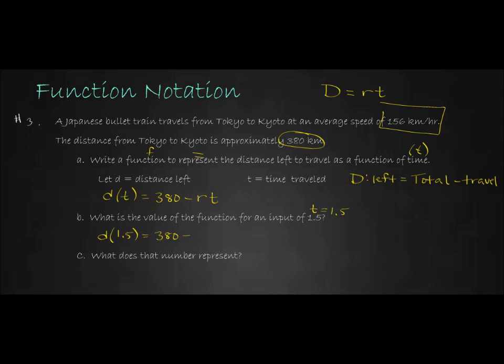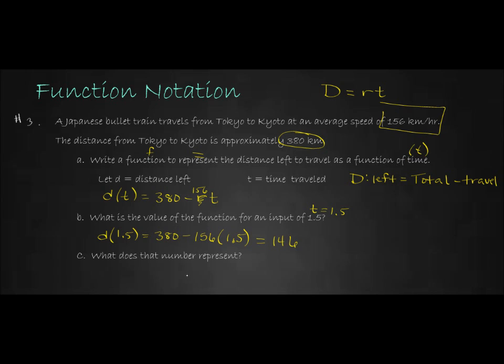I probably could have put that here. So let's go ahead and do that. 156 times time. So we have 156 times the 1.5. And now to evaluate this, the entire right side is numbers, so it's just a matter of punching things into a calculator, and what you end up with is 146.